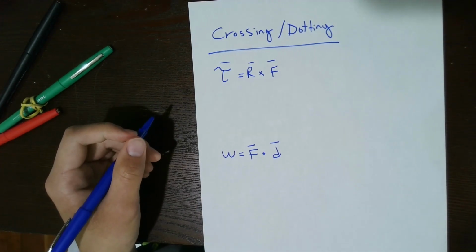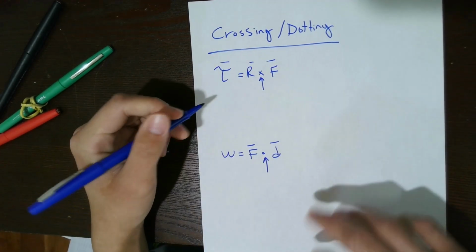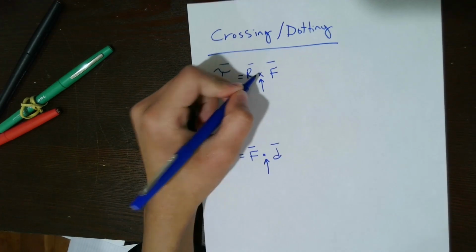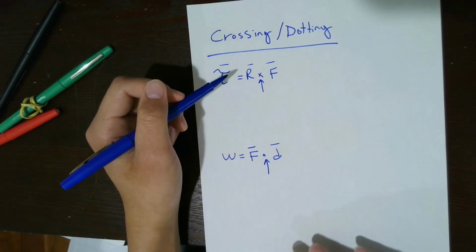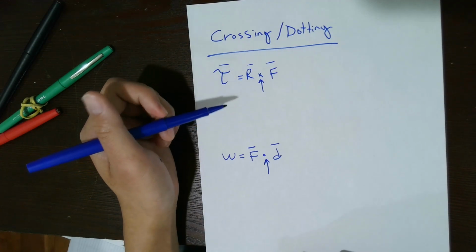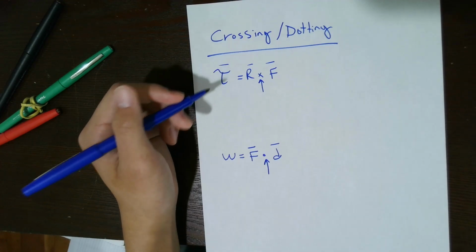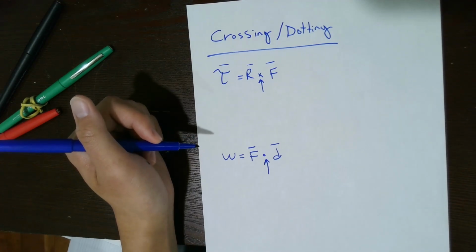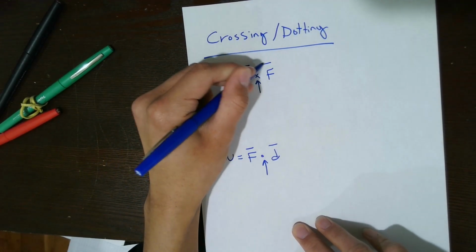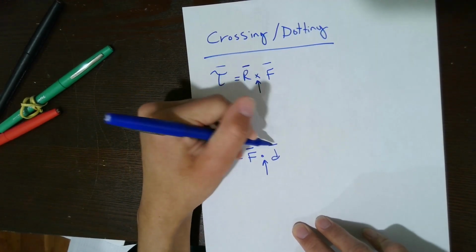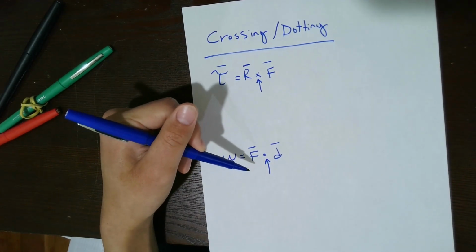When you see these special signs in between the variables, this is called a cross product, and a cross product and a dot product are used anytime that you're multiplying two vectors. Remember, a vector is a number quantity that also has a direction attached to it. Whenever you see a letter with a bar over it like this, that means you're talking about a vector. It has a quantity, but the direction also matters.